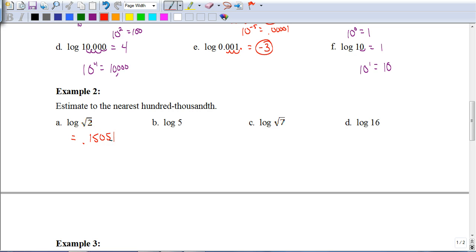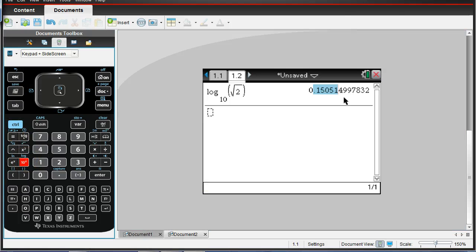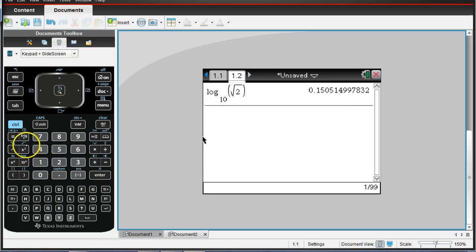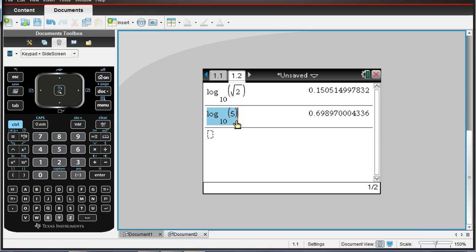Let's try one more, logarithm of 5. Now this time, I'm going to have you just type in Control 10 to the x, there we go. Instead of base 10, I'm not going to put anything there because remember this is a common logarithm. So if I just take the logarithm of 5, now when I hit enter, watch what happens. The nice thing about my calculator is it'll automatically show you what it just did to make sure that it did what you wanted it to.